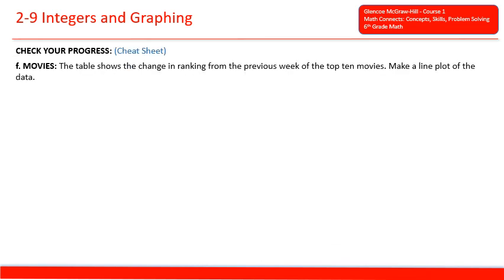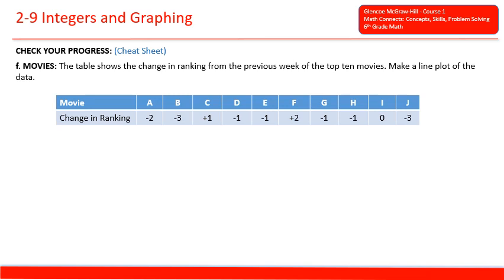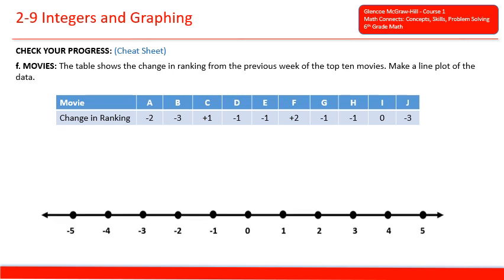Check your progress. The table shows a change in rankings from the previous week of the top 10 movies. Make a line plot of the data. The movies are identified by letter, A through J. A has dropped 2 spots, B has dropped 3, C has gained 1, and so on. So here's our line plot.